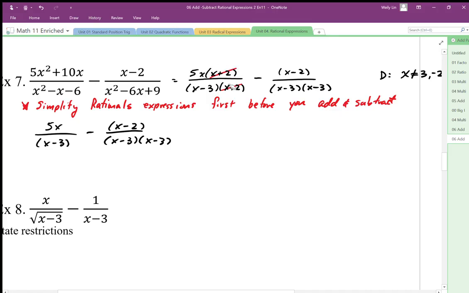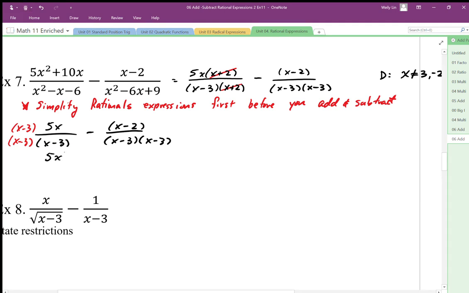But since I've canceled them out, I'm now only going to deal with the quadratic. Okay, and here I would have multiplied top and bottom by x plus 2. Now I don't need to do anything because that already has the lowest common denominator. So we should try to simplify fractions first, cancel out common factors first, before we add and subtract.